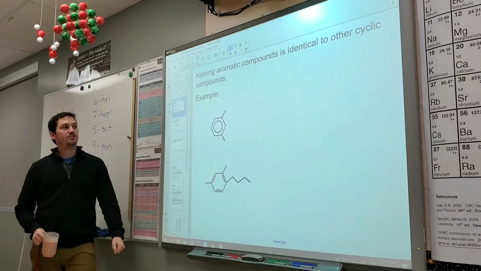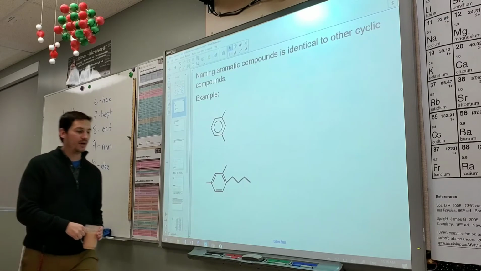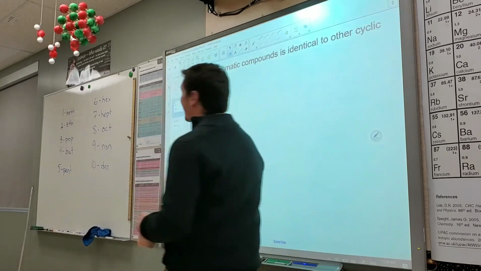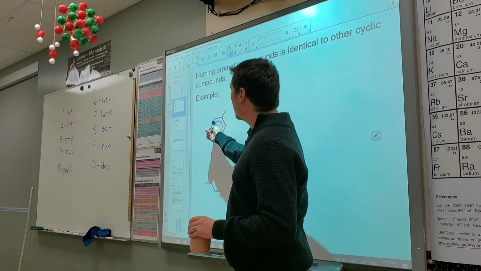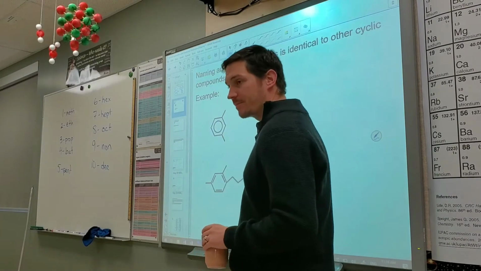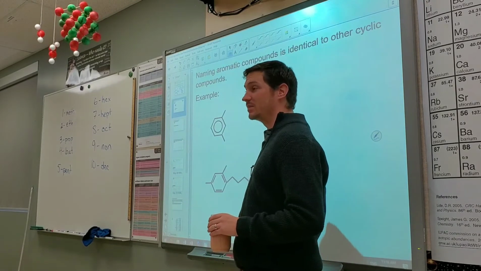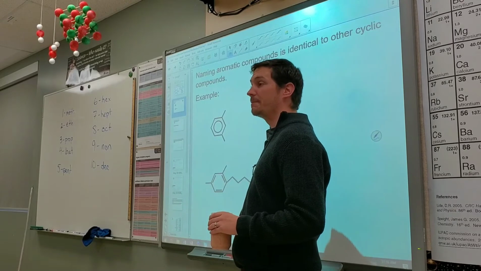All right. Naming aromatic compounds is identical to other compounds, except, what was the name of this ringed structure again? Benzene. The name of this compound is benzene, right?